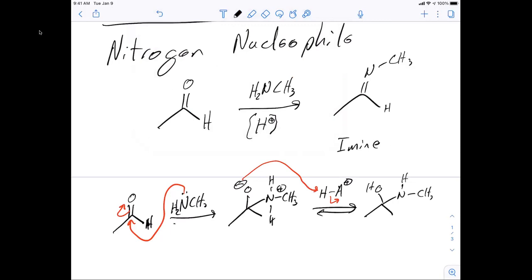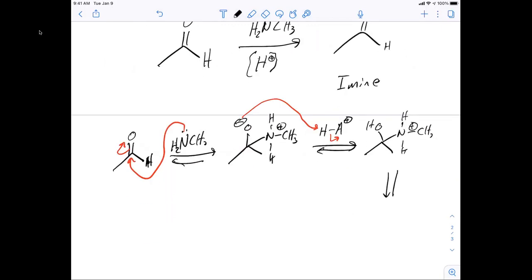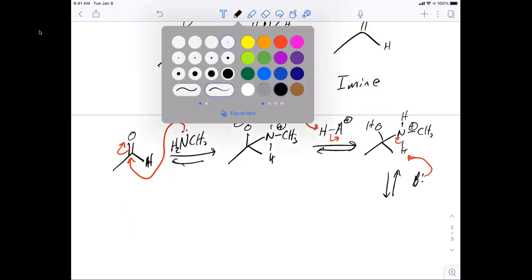Again, these are all reversible. I'll bring in the generic base again. In the book, I believe they showed this in one step, just deprotonating itself.